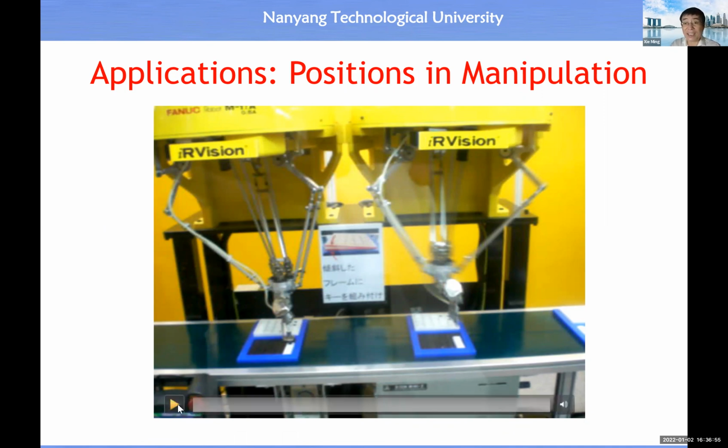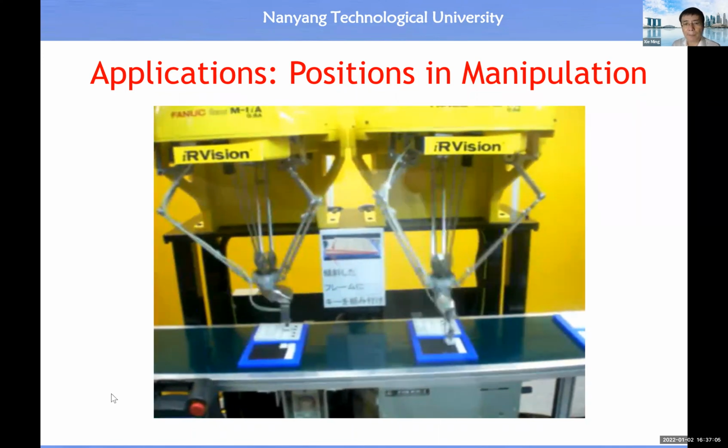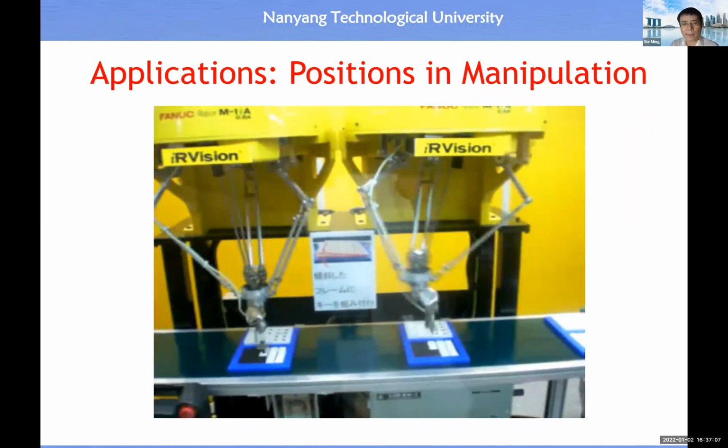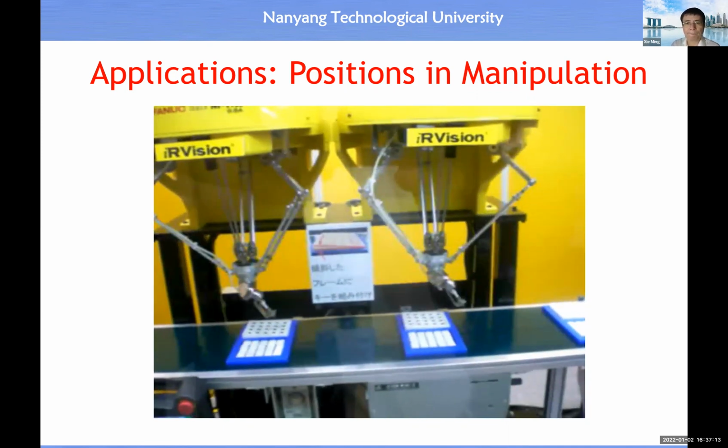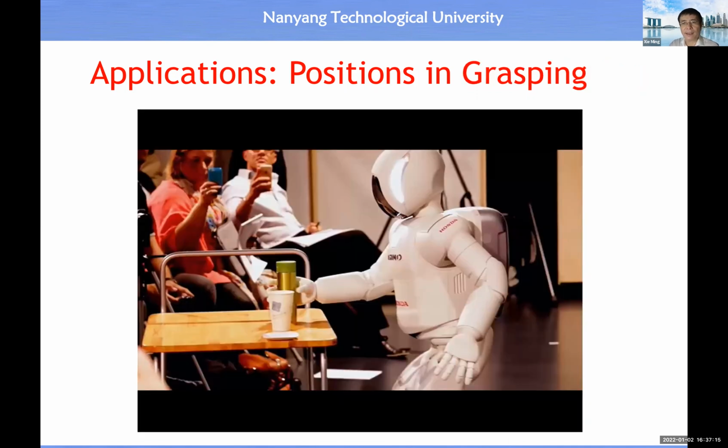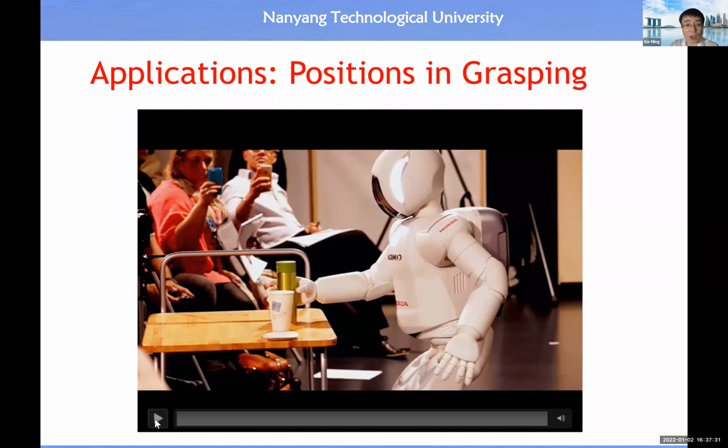For such behavior, knowledge about the position is critical. And in this video, you will see again that the knowledge about the position is extremely critical to implement such autonomous behavior, which could be performed by humanoid robots.